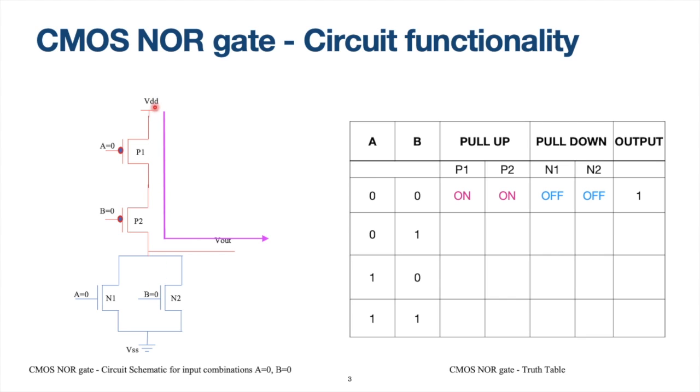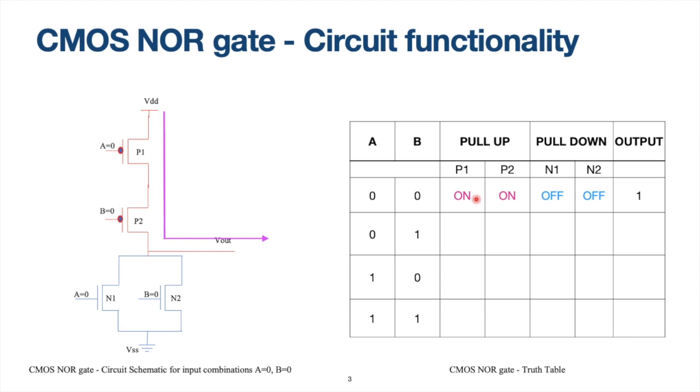Therefore, we have a continuous path from VDD to Vout through the transistors P1 and P2. So what happens? The load capacitor at your output starts charging itself to VDD. Therefore, your output will be equal to 1.